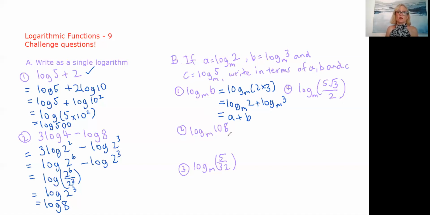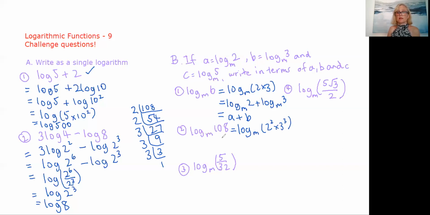Now remember, the equivalent index law to this is that you add the indices if you're multiplying powers of the same base. All right, this one here, 108, you can do a little bit of side working if you need to there to work out what that is as powers of primes. If you divide by 2, and divide by 2 again, then you start dividing by 3 till you can't divide by 3 anymore. So you get that that's 2 squared by 3 cubed. So let's do that. So it's log of 2 squared by 3 cubed to base m.